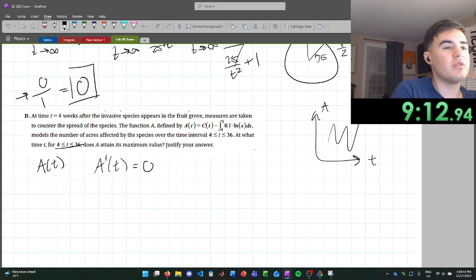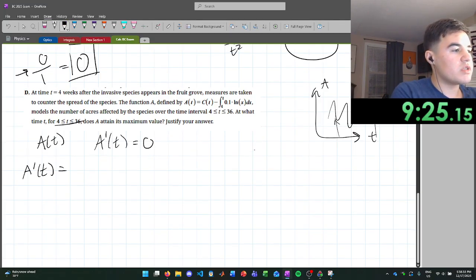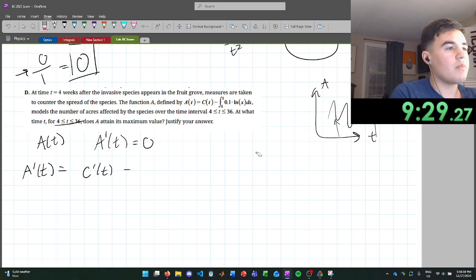So that means we also need to include the bounds of the interval. We need to check 4 and we need to check 36, as well as checking for any local maxima. So A prime of t is going to equal C prime of t minus the integral, which by the second definition of derivatives is just equal to 0.1 times ln of t.